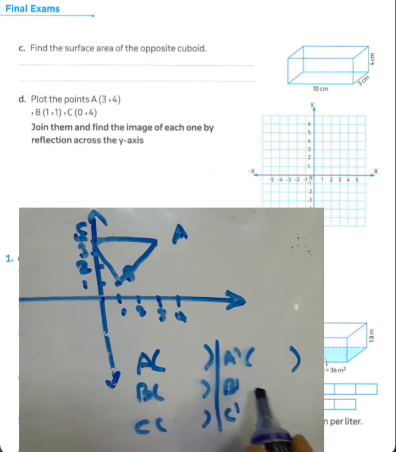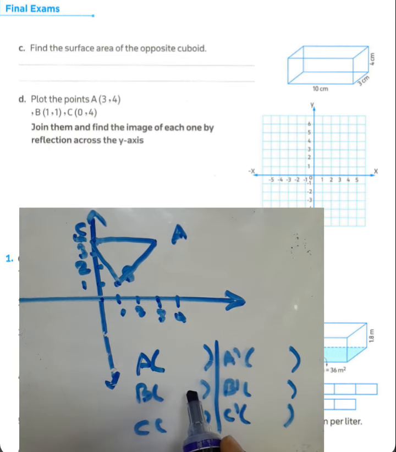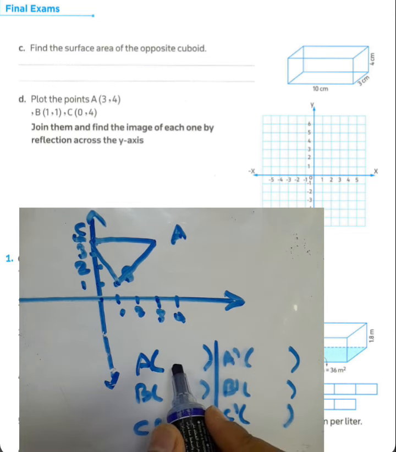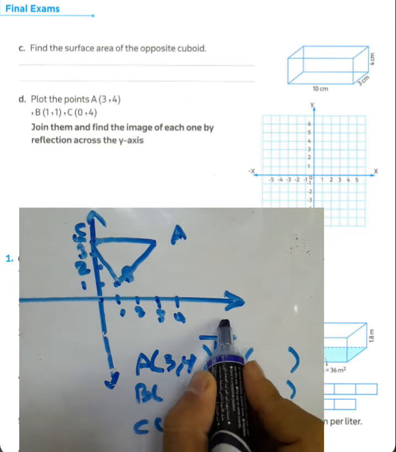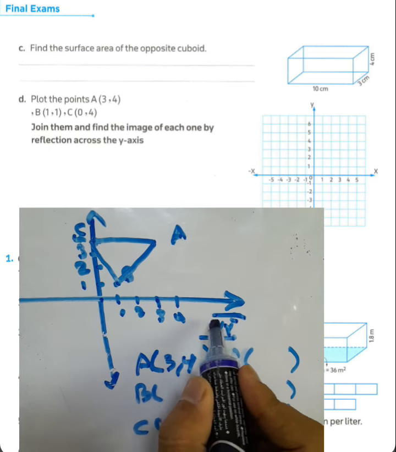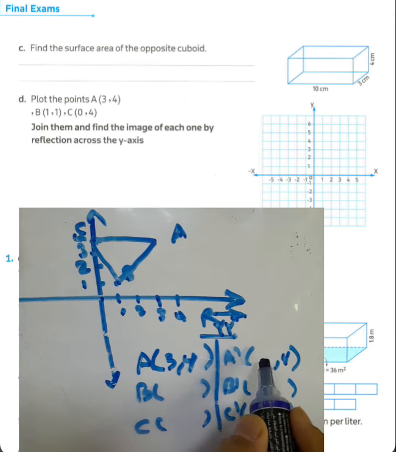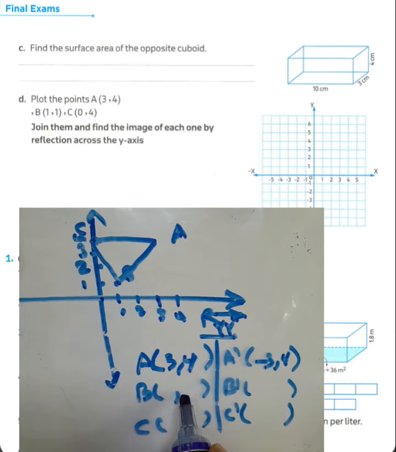To find the image of the point, reflection across the y-axis, we must keep y and change the sign of x. We have the point A was 3 and 4. Then for the reflection about the y-axis, keep y here and change the sign of x. The second point, we have 1 and 1, keep y here and change the sign of x.